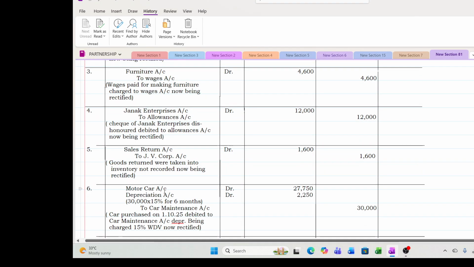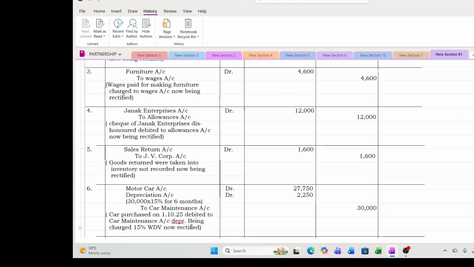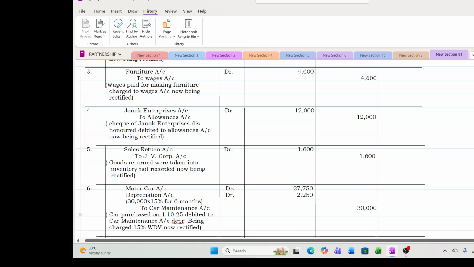Whatever I made as a combined entry, you can make as two separate entries. It is up to your convenience. Motor car account debit 27750. Depreciation, always show the working so that you don't lose marks. Then to car maintenance account. Car purchased on 1.10.25. That's why we have calculated for 6 months, 1.10 to 31st March 2026.